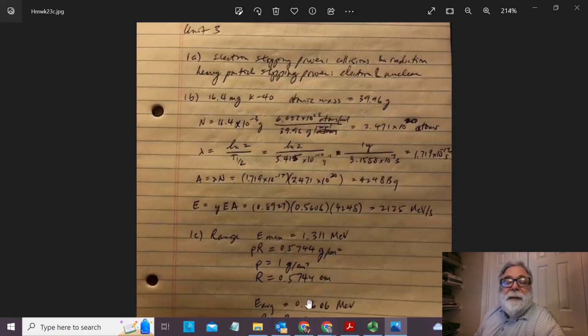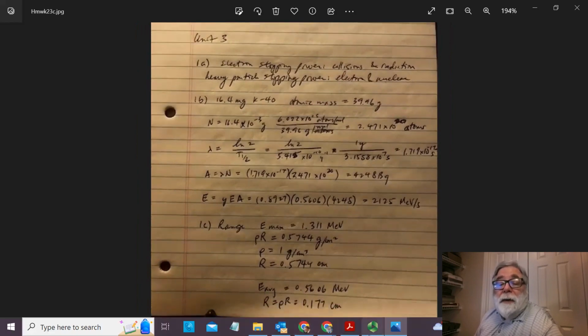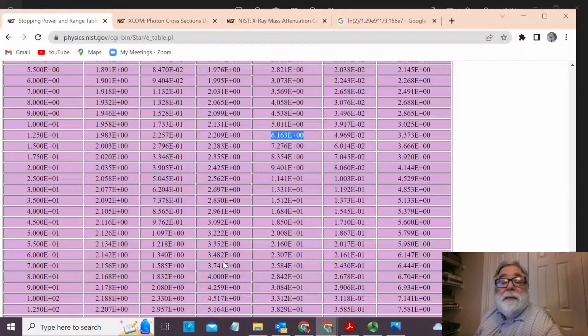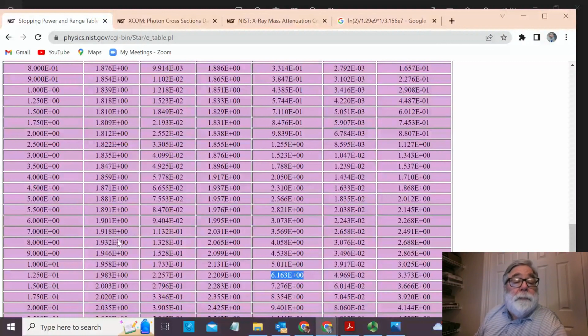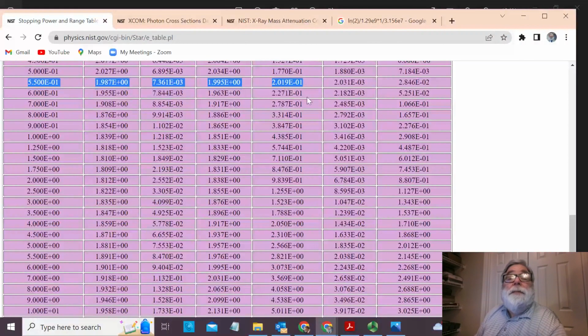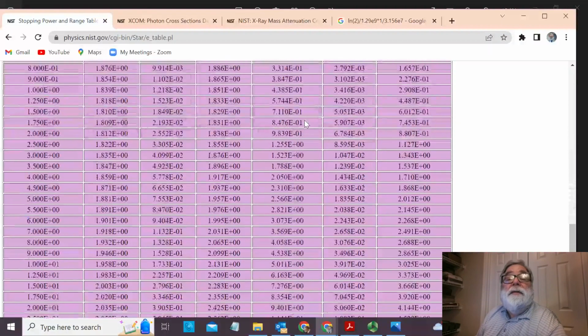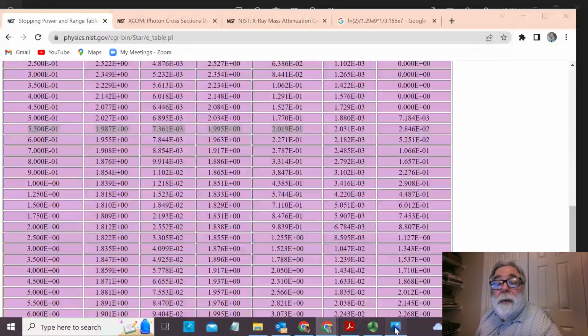Most of the beta particles are near the average energy. So let's see what it is for half of an MeV, 0.56 MeV. What is the range? So we go back to our stopping power for 0.5. 0.55, that's good, close to 0.56. And this is the CSDA range, 0.2019, so 0.22.